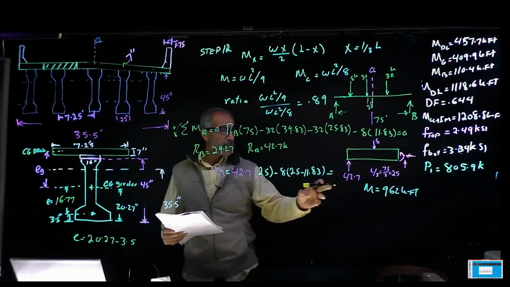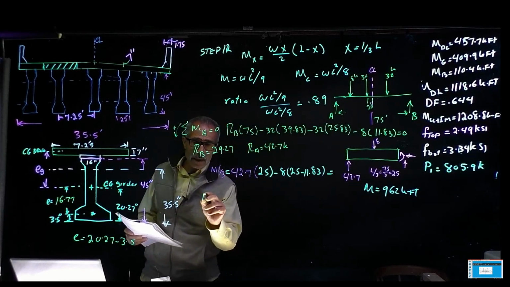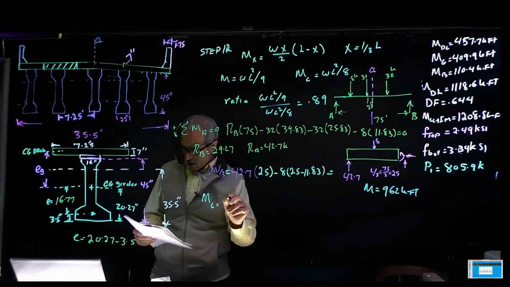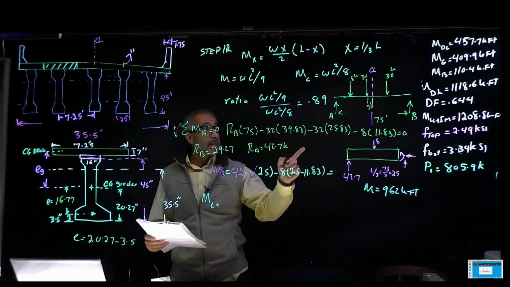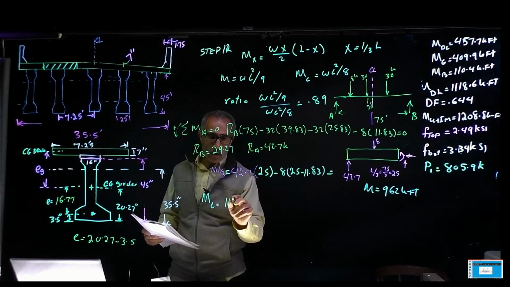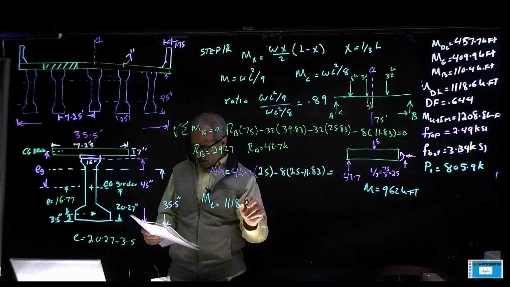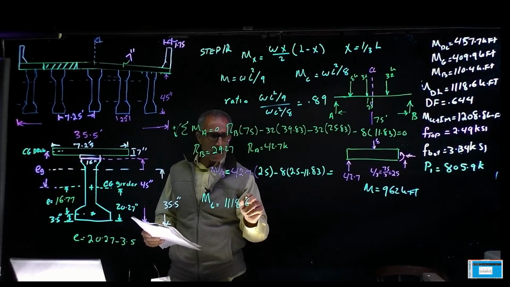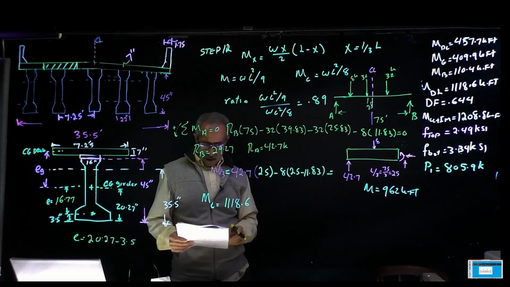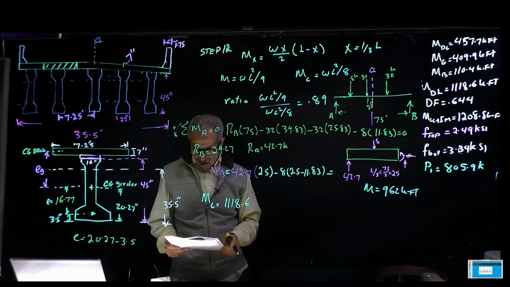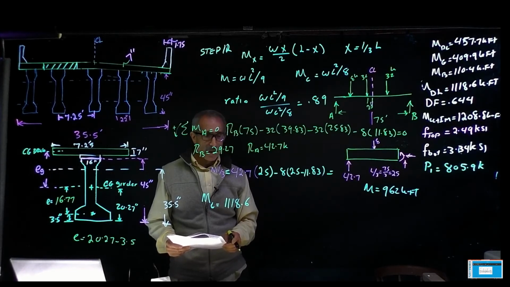So that was the moment at 1/3, but the moment at the center line, we did calculate it before, remember? I'm not going to do it now. It was 1118.6, I think it was WL squared divided by that.